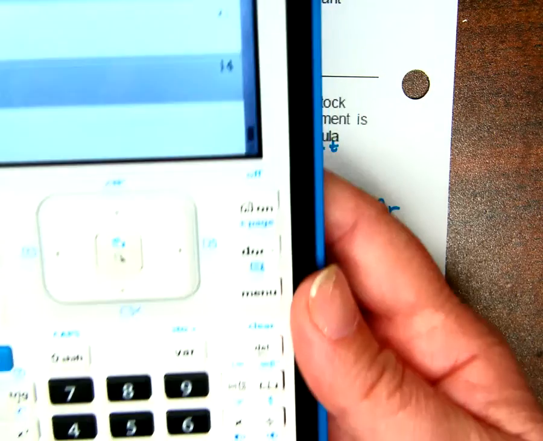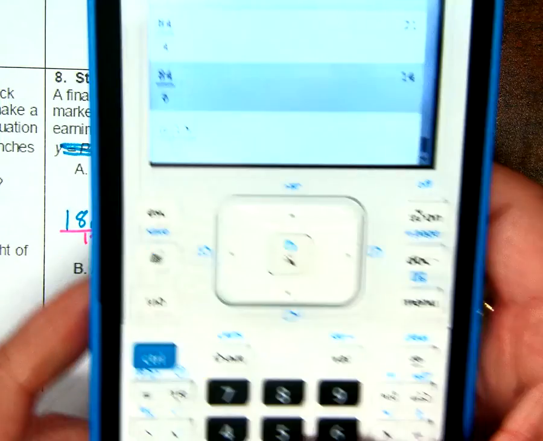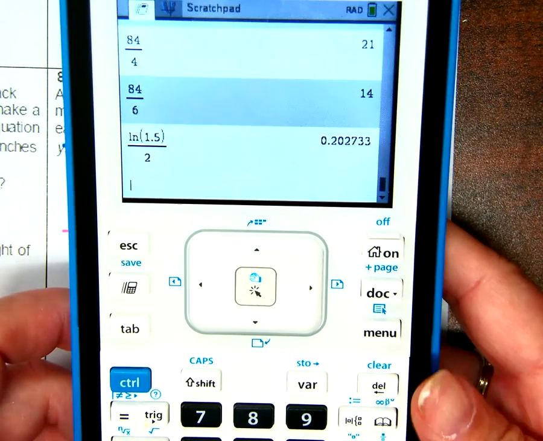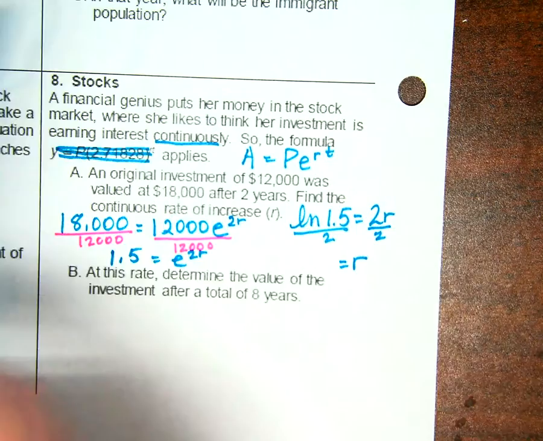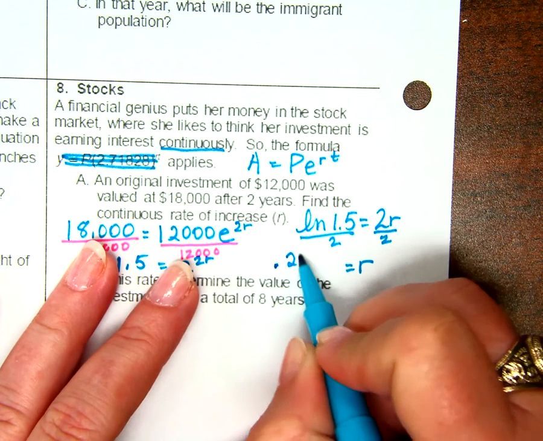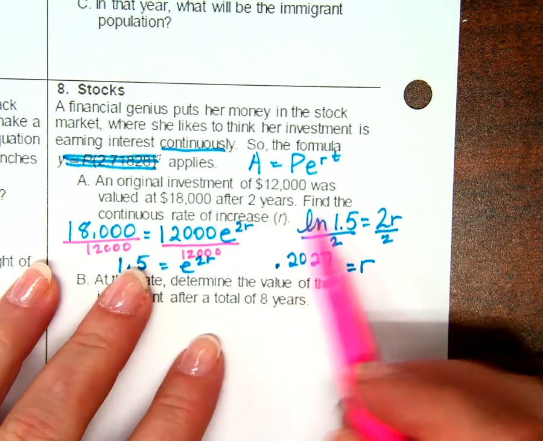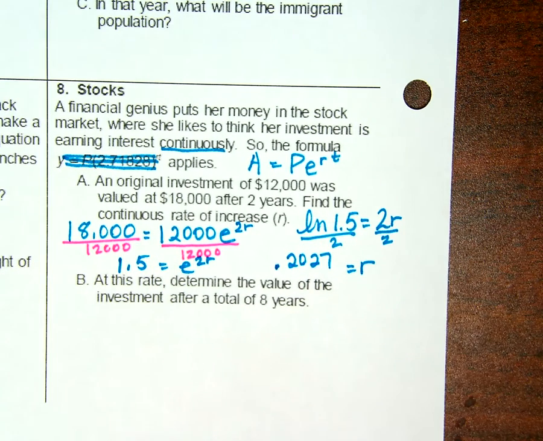So natural log of 1.5 divided by 2. What I got for r, did you guys get 0.2027? Now, please answer the question that was being asked. Find the continuous rate of increase.